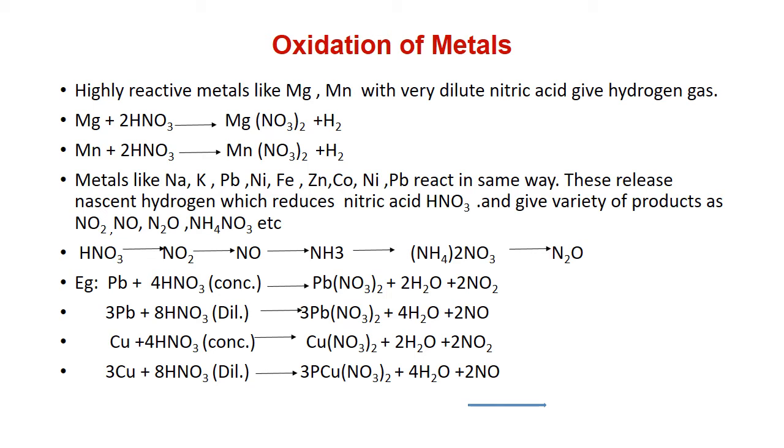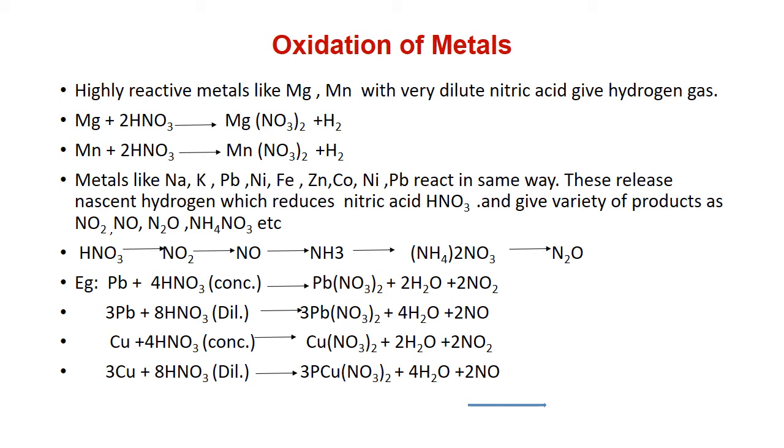Metals like sodium and potassium are of moderate reactivity. These release nascent hydrogen first on reaction with nitric acid, which reduces nitric acid to give different products, NO2, NO, N2O, ammonium nitrate, depending upon the concentration of nitric acid.